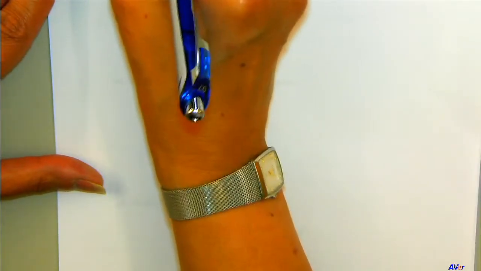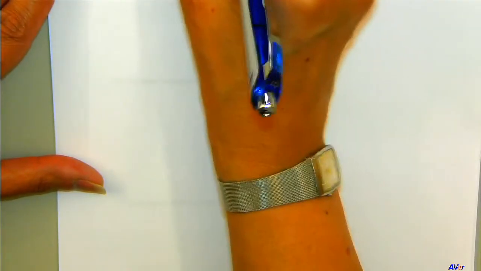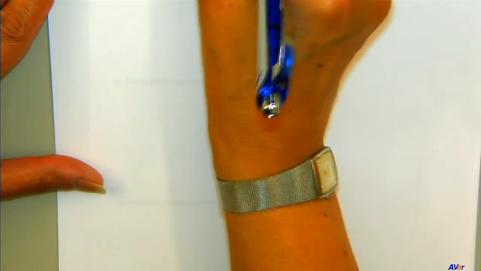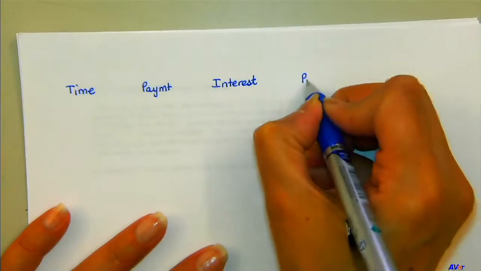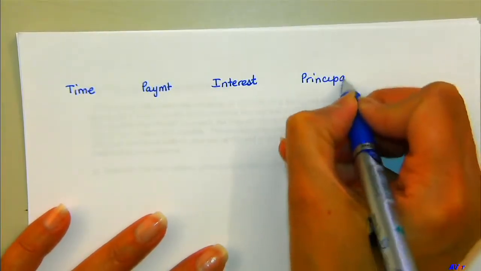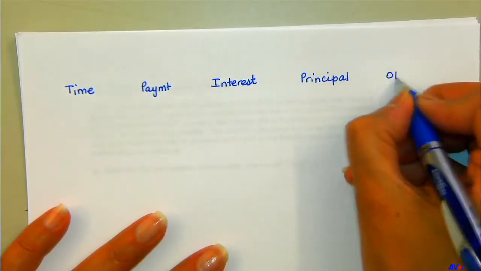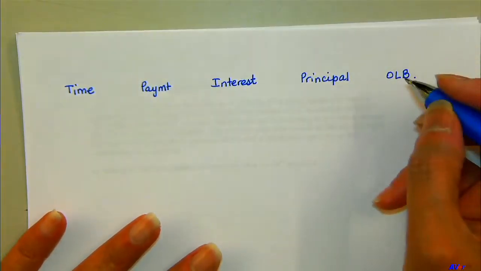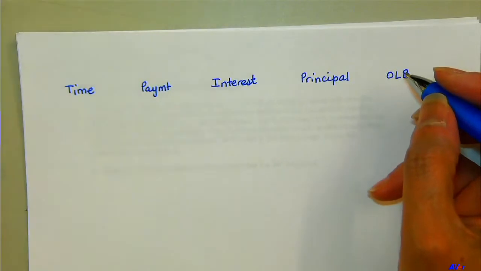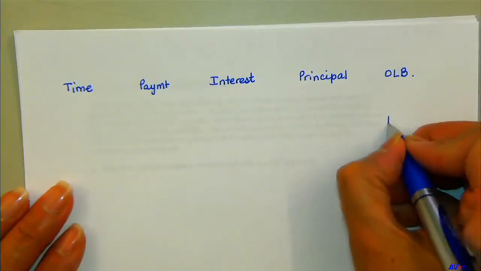Okay, so time, payment, interest, principal, and OLB. So a $20,000 loan was made for 10 years. So L is equal to 20,000.